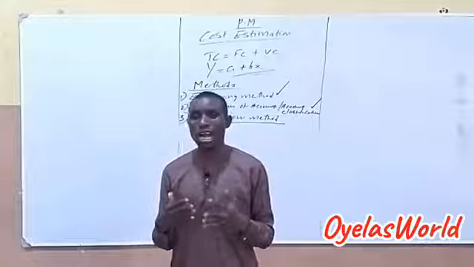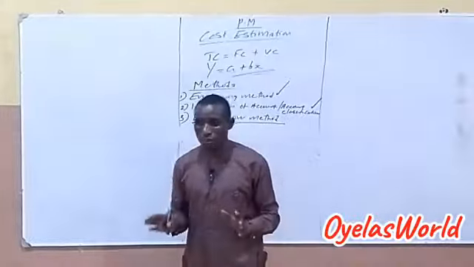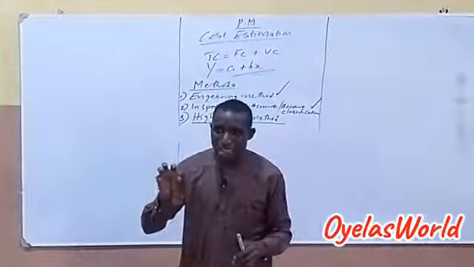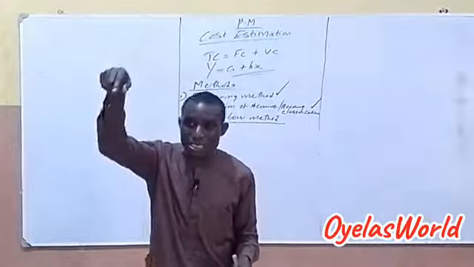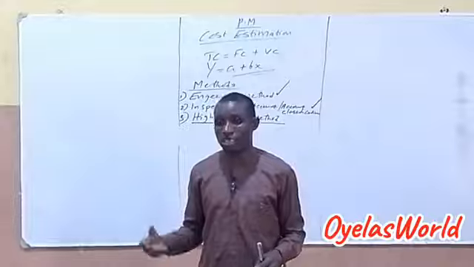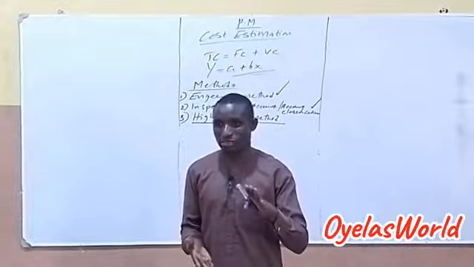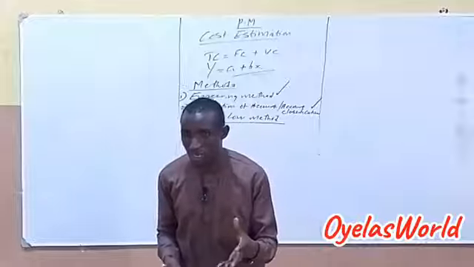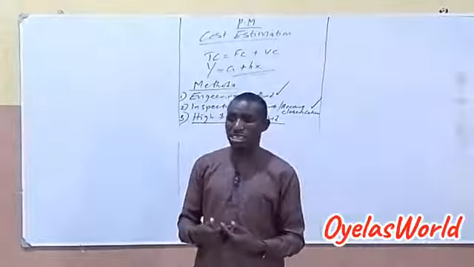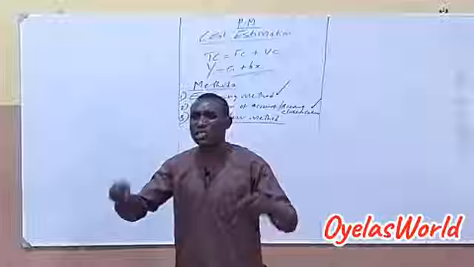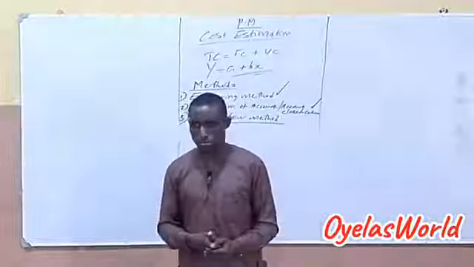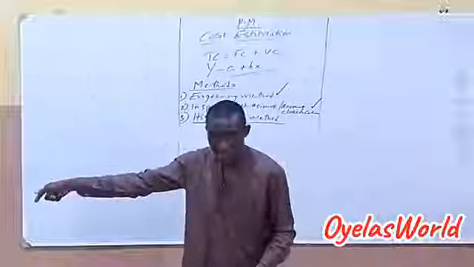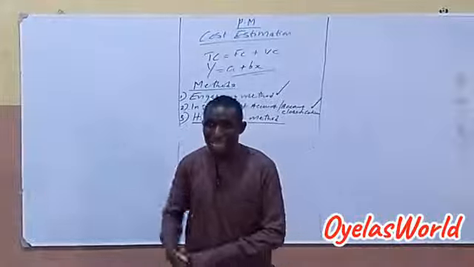So when it is the high and low method, you don't have any problem. The first thing you need to do is identify the high level of activity and the low level of activity. Once you have identified them, then identify their corresponding cost. So please don't start with identification of cost. Start with what?